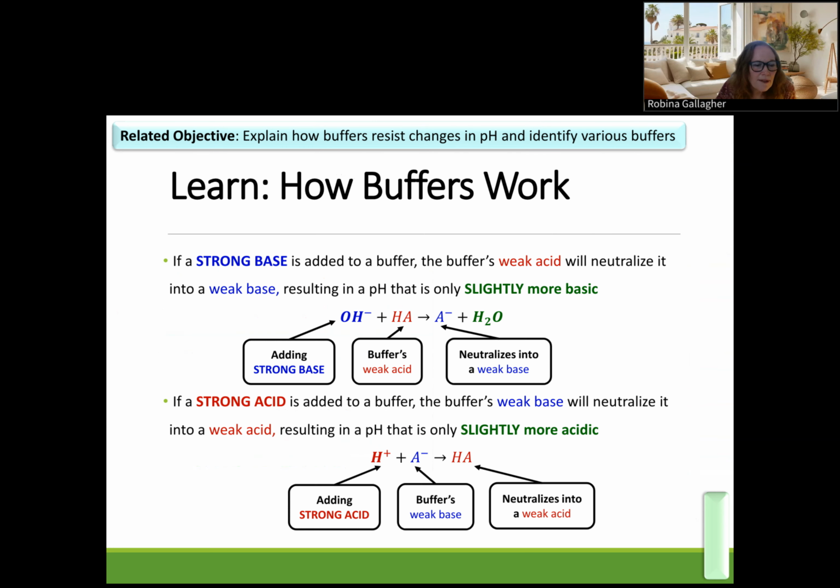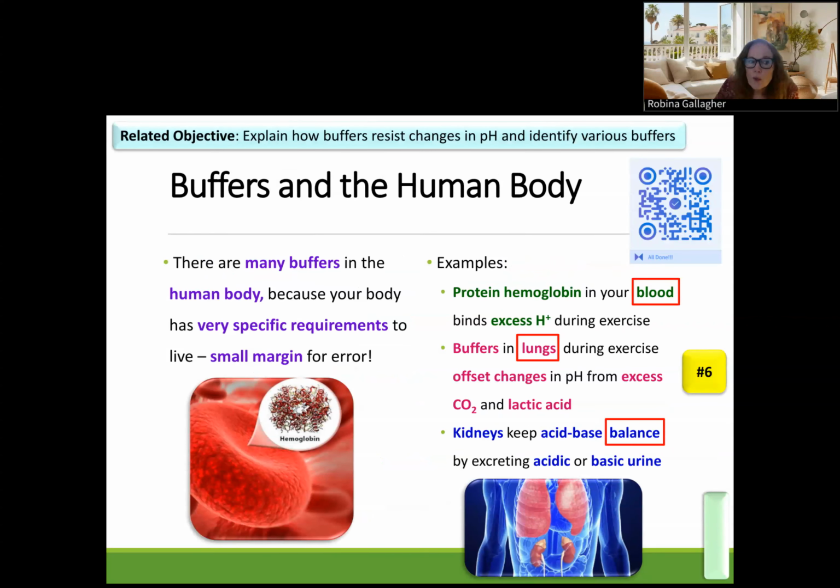Perfect. Okay. Now remember that these buffers are just going to neutralize whatever acid or base is being added and keep that pH stable. And that's really important, especially in the body.